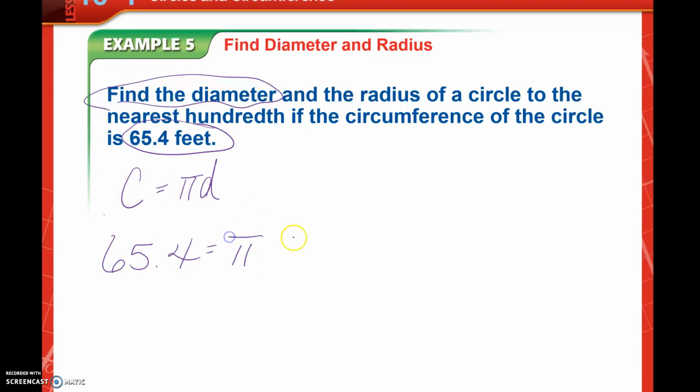We know what pi is, and we're looking for D. So we're going to divide by pi. And I get 20.82, so 20.8. So D equals 20.8.